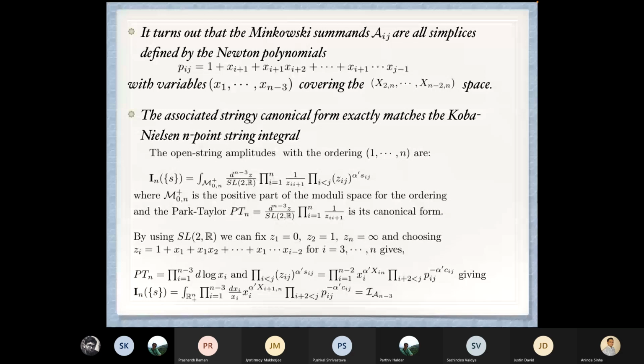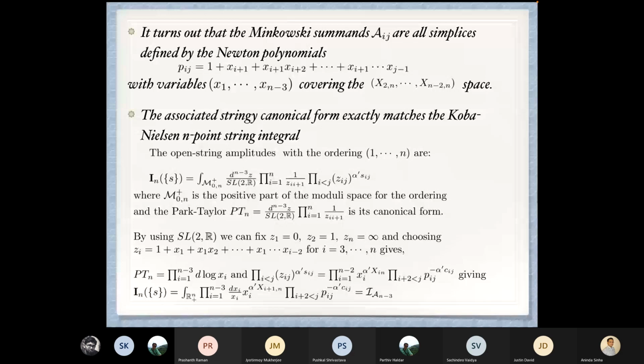And the Koba-Nielsen factor can be split into two parts. Initially the Koba-Nielsen is over all i less than j. I can look at j being i plus 1, j being i plus 2, and j being greater than i plus 2. For the terms where j is bigger than i plus 2, we know that Sij is minus Cij. That's how we define the ABHY associahedron.